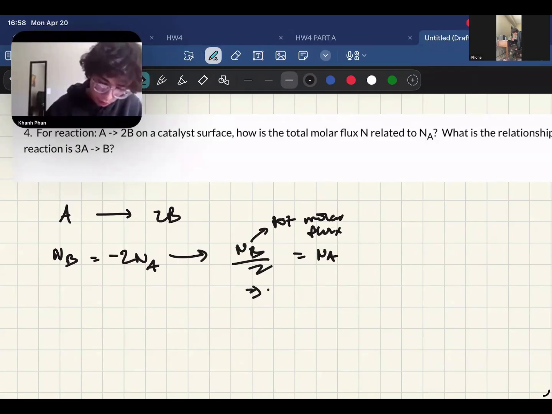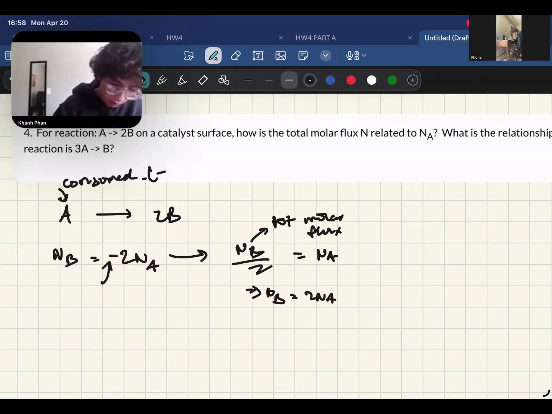So we move 2 over here. We get 2Na. However, there's a negative because species A is being consumed, which gives a negative sign, and species B is being produced, making it positive.